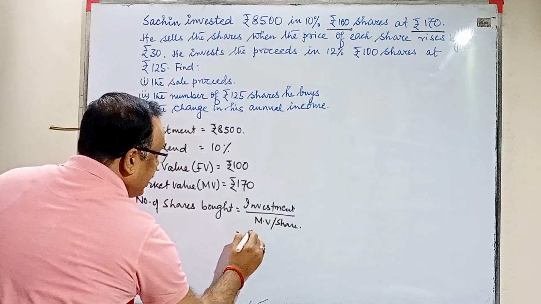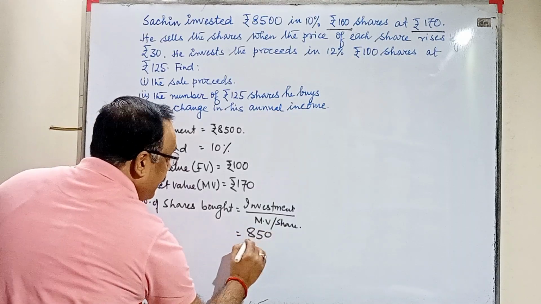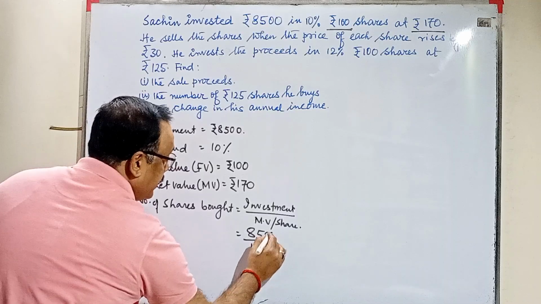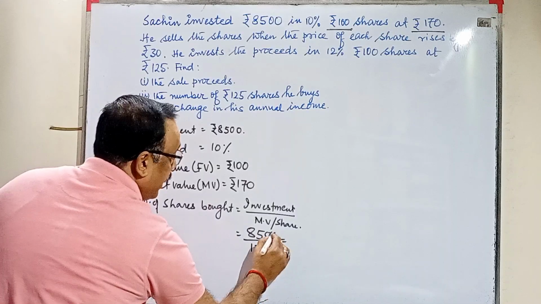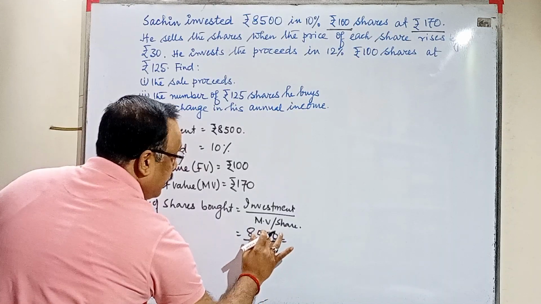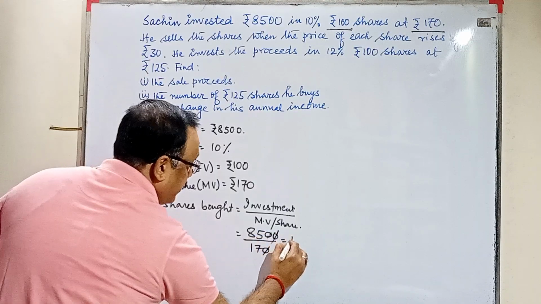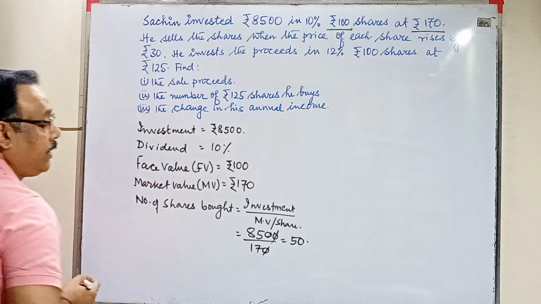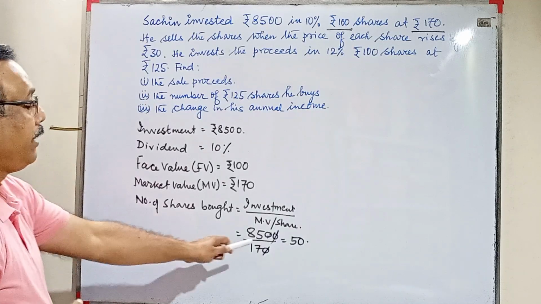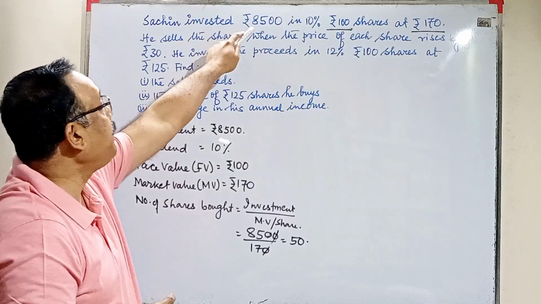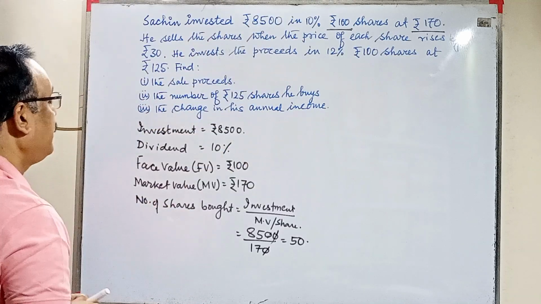So investment is 8,500 and market value per share is rupees 170. So this 0 cancels with 8,500. So I am cancelling this 0. So with 17 if I cancel, this becomes 50. So number of shares, 50. So 50 number of shares I bought with 8,500 rupees.